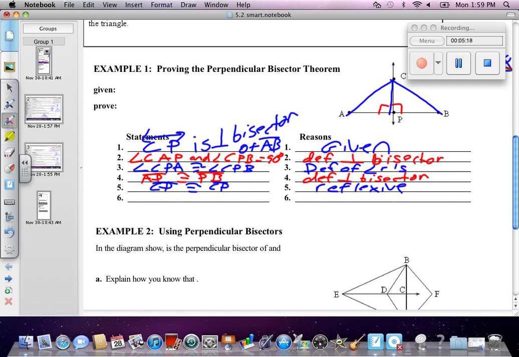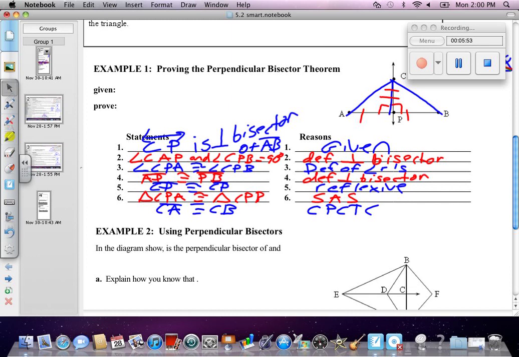Then we know that triangle CPA is congruent to triangle CPB by side, angle, side. Good. And then we know that side CA is congruent to side CB by CPCTC. Corresponding parts of congruent triangles are congruent.